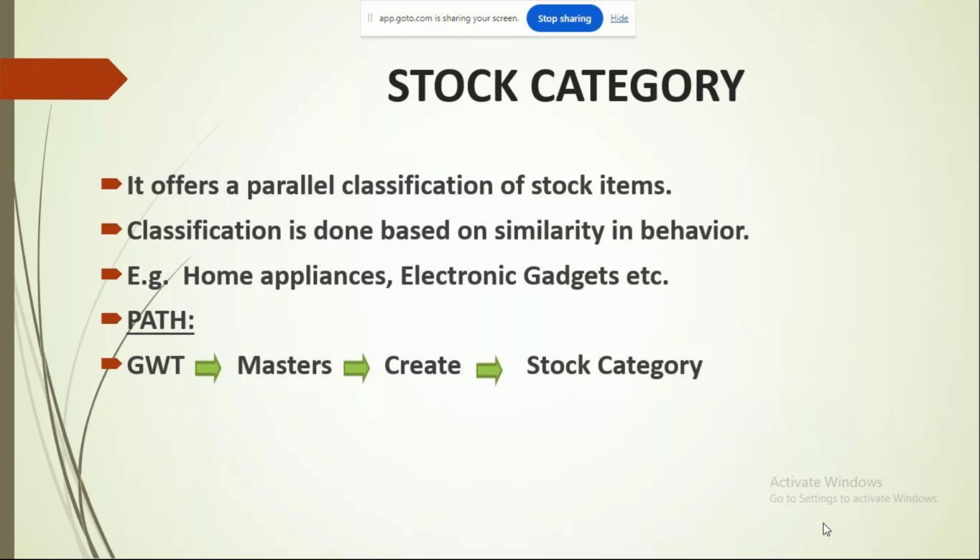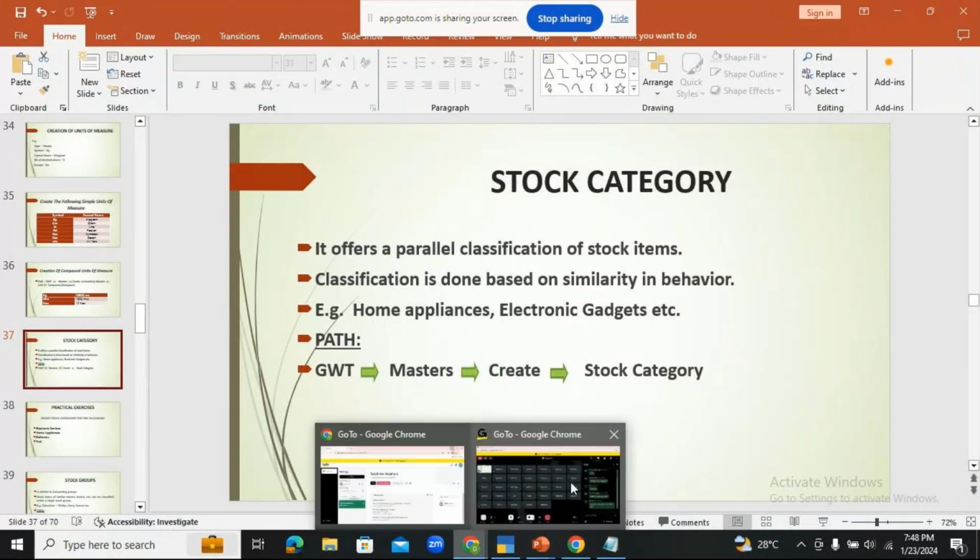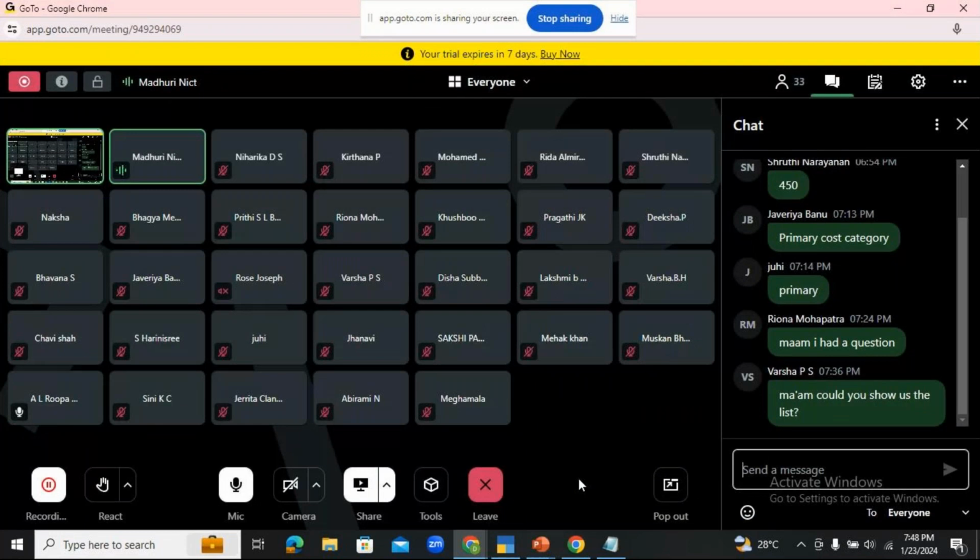Now, in the same way, if I have to look for washing machines, or purchase an iron box or a refrigerator, they will be categorized as home appliances.